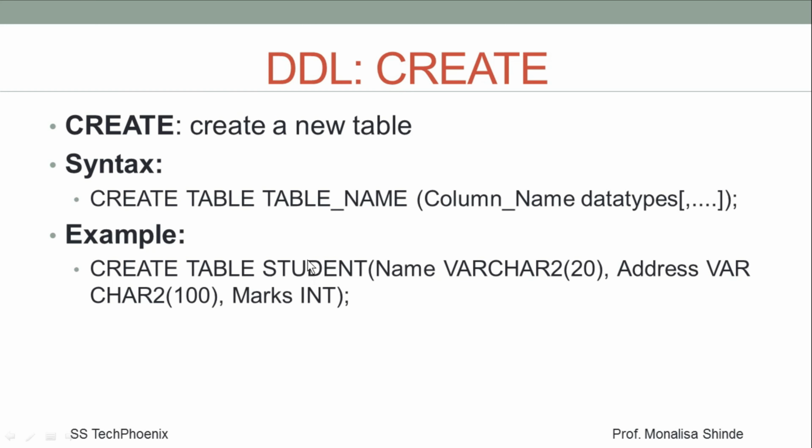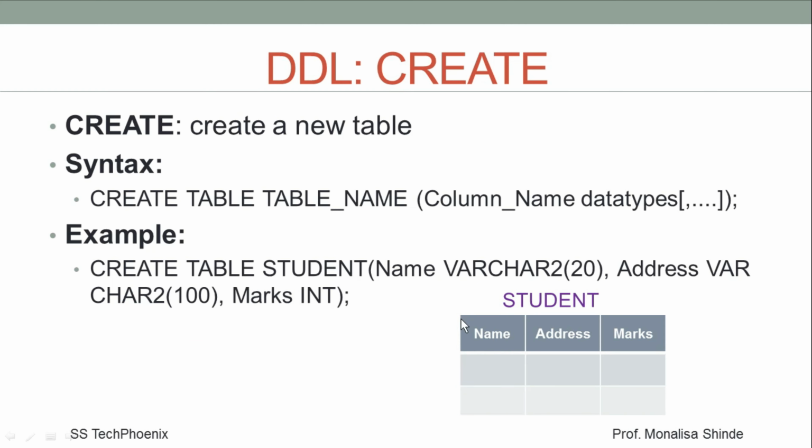So this is the database of a student. It creates a table of this format. Name is the first column, address is the second one, and marks is the third one. Using this create command, we can create a structure of a table. This is called the structure of a table.